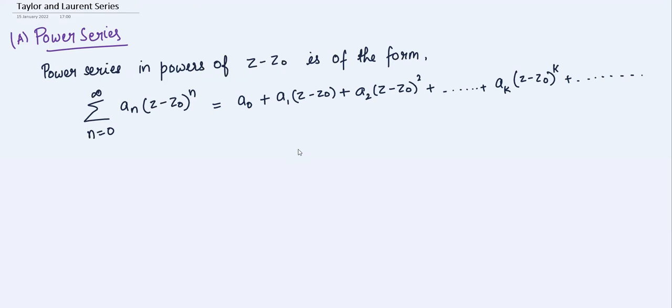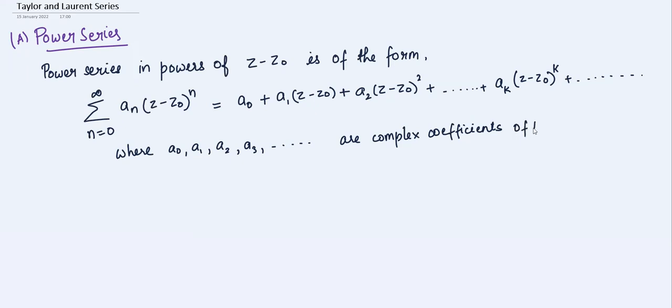Now z is a complex variable, of course, where a naught, a1, a2, a3, and so on are complex constants or complex coefficients of the series.